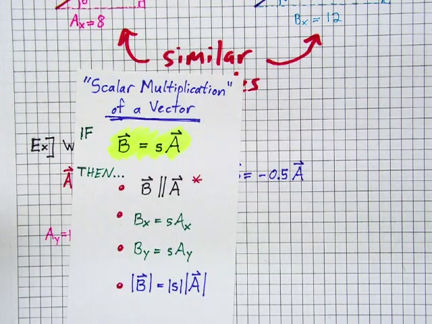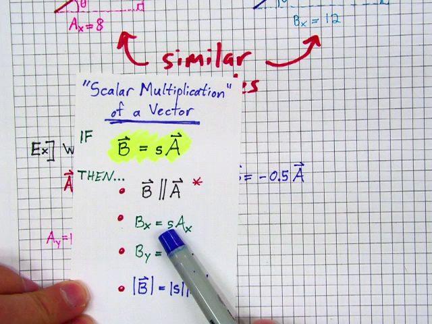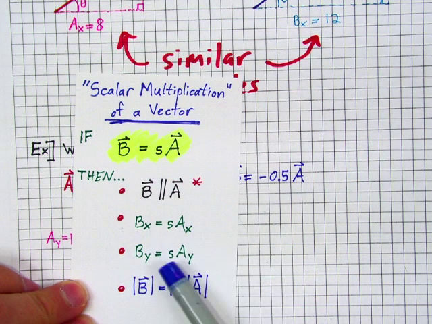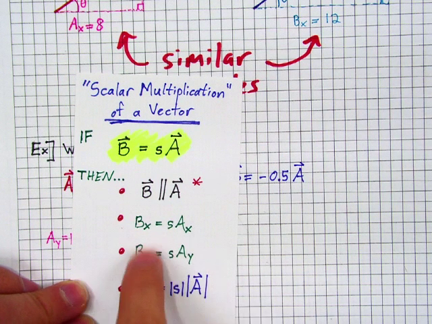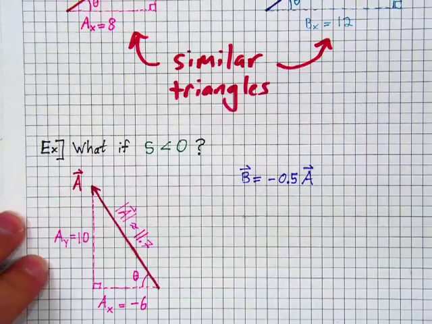Well, these rules here will still apply. Bx will be negative 0.5 times Ax, and By will be negative 0.5 times Ay, and the magnitude of B will be 0.5 times the magnitude of A. So you see, B is going to be a vector of magnitude half the size of A, and the components are also reduced by half, but then flipped, a negative 0.5 and a negative 0.5.